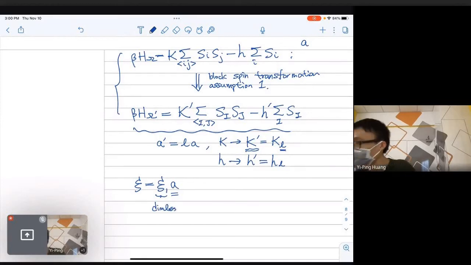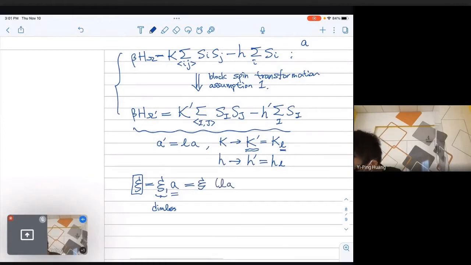Okay, so if we do this coarse-graining, what does that mean? It means that the physical correlation length must be the same. But after the coarse-graining, we are measuring the physical correlation length using a different length scale, which is LA.